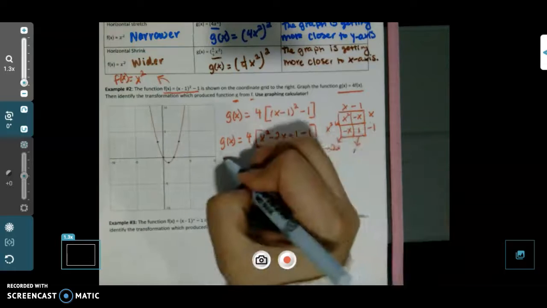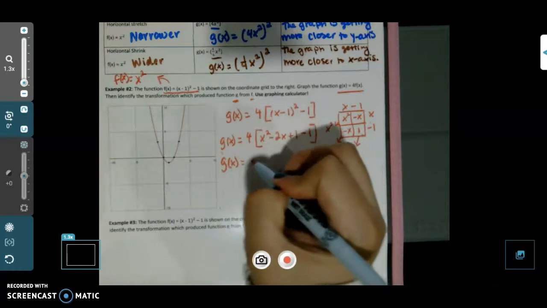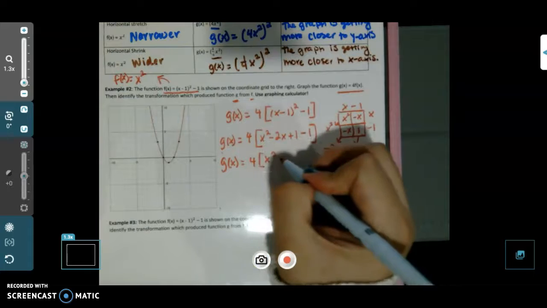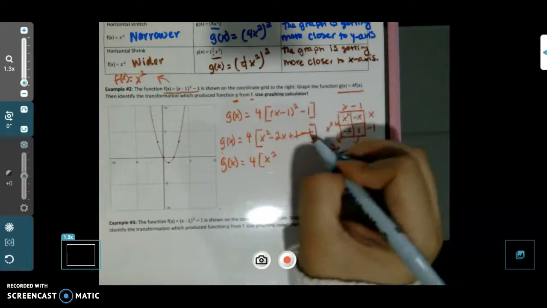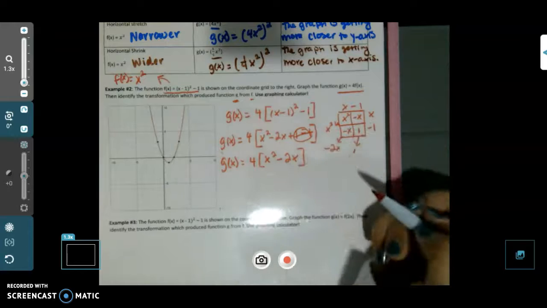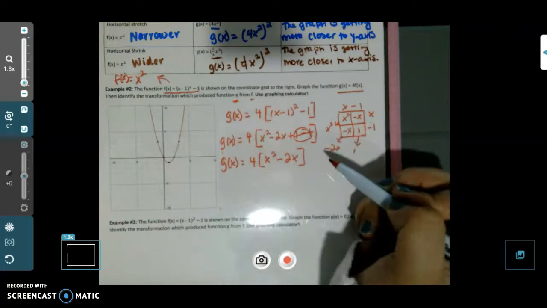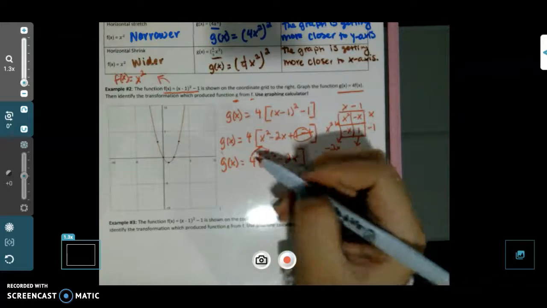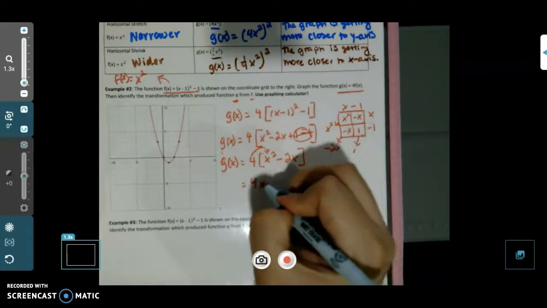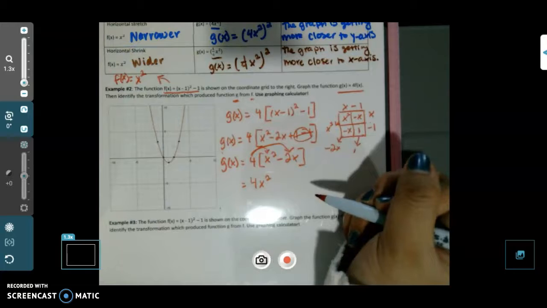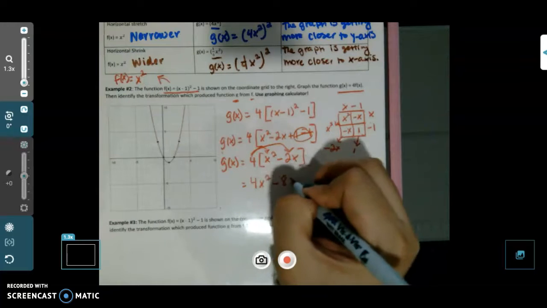Should be 0. So now it's going to be g of x equals 4, bracket, x squared, so remember that 0, minus 2x. So now I have to actually multiply. I have to distribute. Use distributive property here. So 4 times x squared would be 4x squared. 4 times negative 2x would be negative 8x.